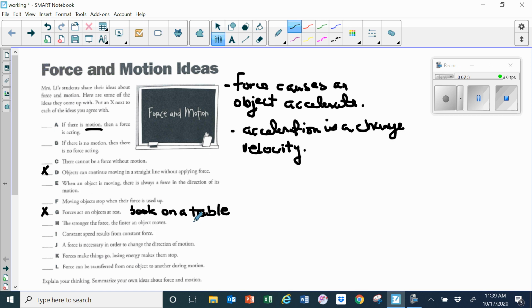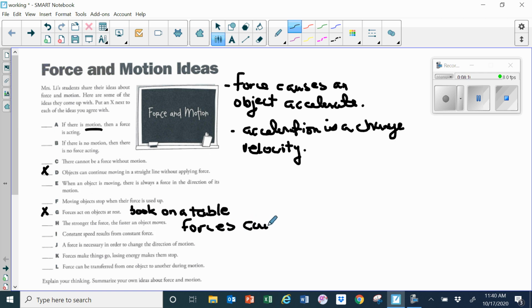Okay? The stronger the force, the faster the object moves. Well, that certainly could be true, right? Not necessarily true, but it certainly could be true. It isn't always true. Sometimes the stronger the force, it causes an object to slow down its movement. Basically, forces cause acceleration.